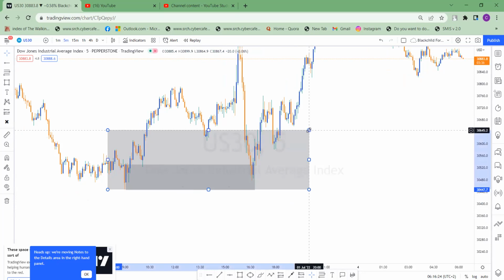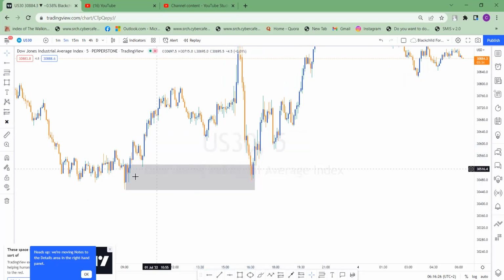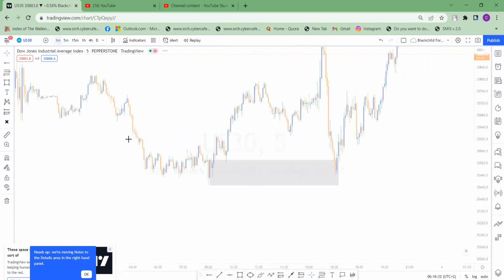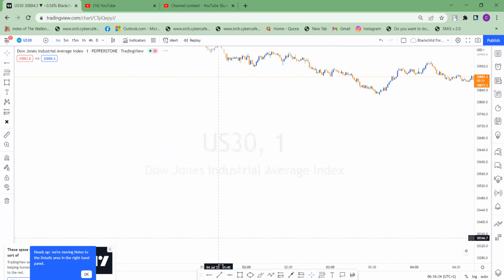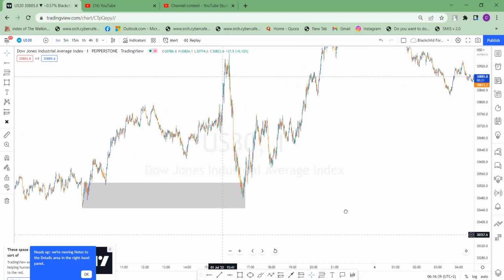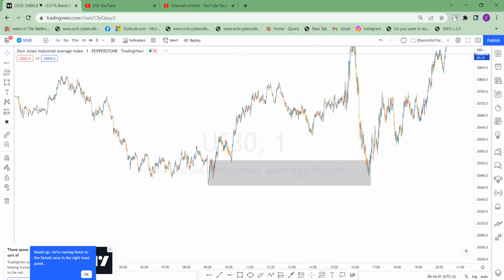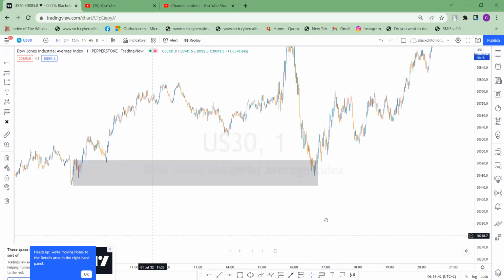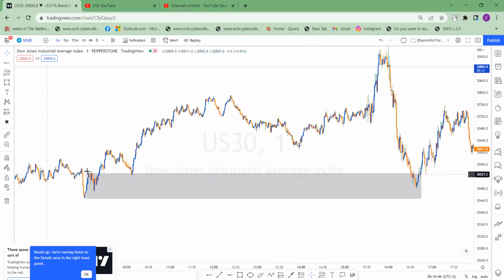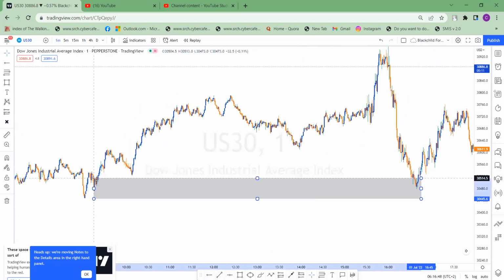So we're going to remove this. We can even go on a smaller time frame, a 1 minute time frame. The purpose is just trying to look for a perfect zone where we can actually take our trade, right? So yeah, this is it. And we can consider that.